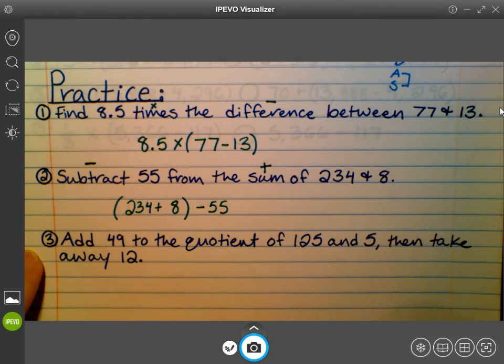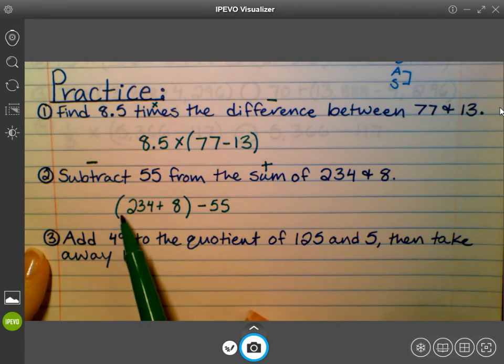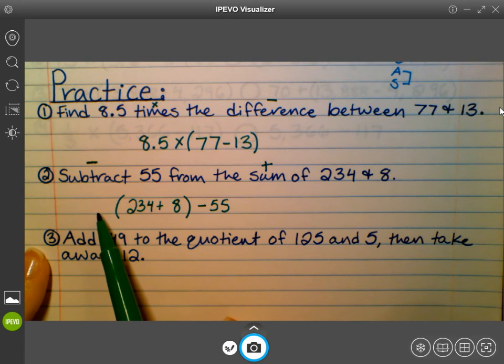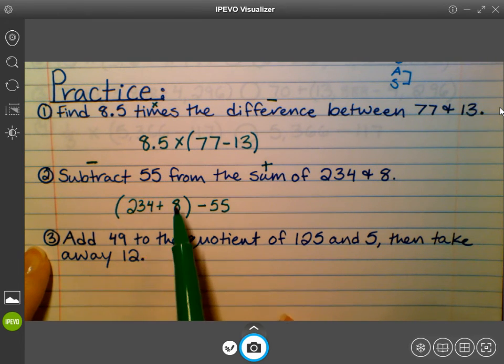Yes, Michael? I have 55 minus, and then parentheses 234. Wait, what? Okay, what do you have? So instead of the left side being blank, I have the minus 55 on that side. So you have 55 minus this? That doesn't work because we're not taking 55 and subtracting this.